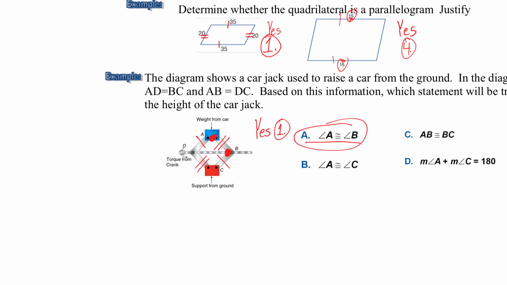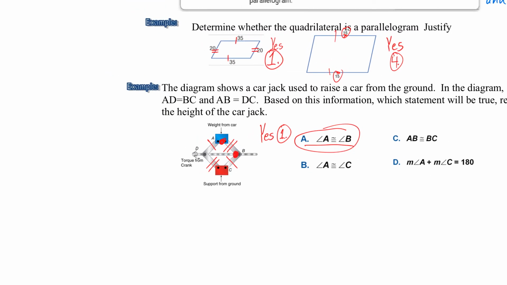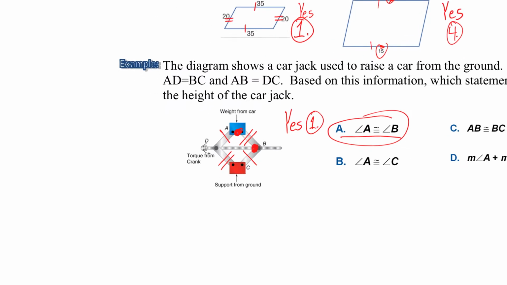It's just saying stuff. Okay, right here, angle A and angle B, are they always going to be congruent? And there we go. Dang. Okay, I think it's back on now.